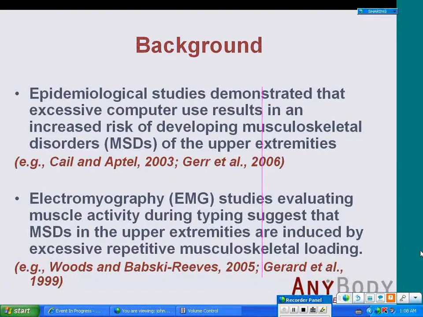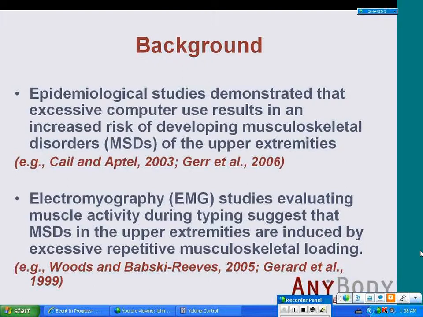In experimental studies, especially EMG measurements evaluating muscle activity during typing, suggest that MSDs in the hands are induced by excessive repetitive musculoskeletal loading.